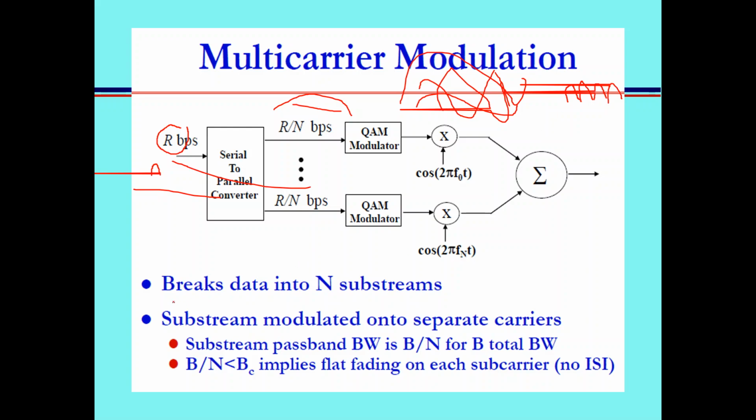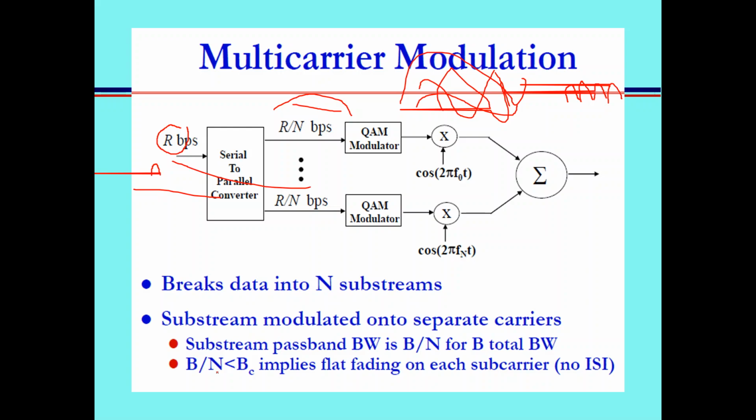So the main thing to know here: you break your data into N substreams. These N substreams have a low data rate, but altogether they have a large data rate. Each substream is modulated onto a separate carrier. Substream passband bandwidth is B over N. This is the bandwidth of one subcarrier. And the total bandwidth of all the subcarriers is B. So now when you divide over N, this B over N becomes less than the coherence bandwidth of the channel.